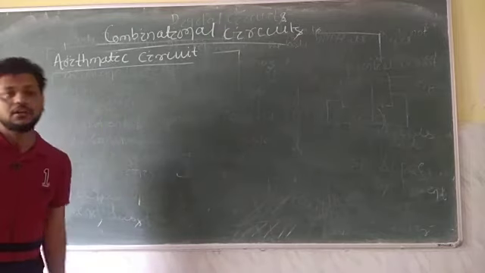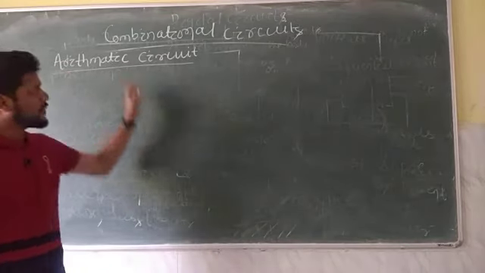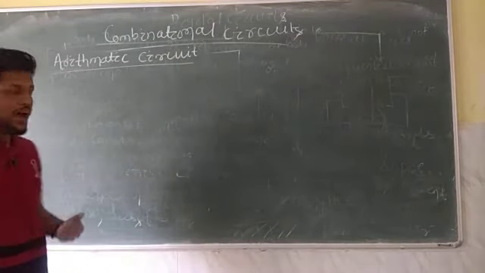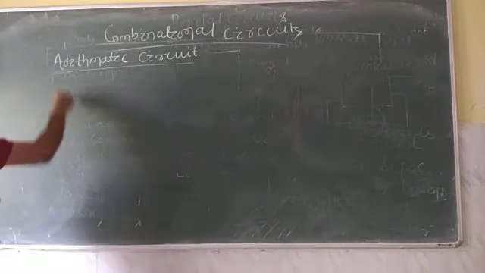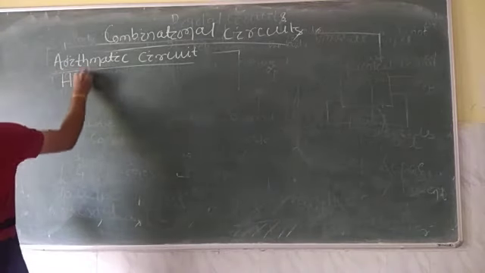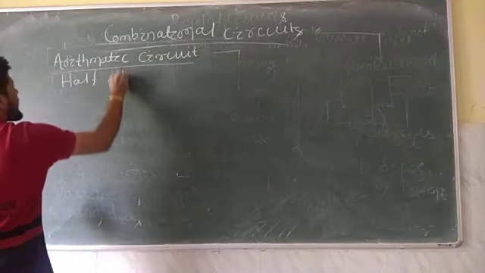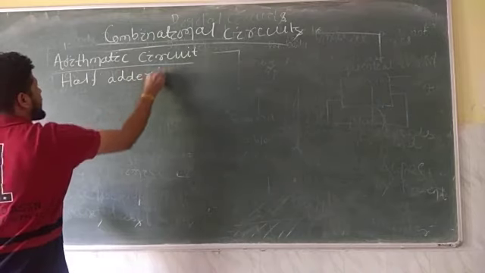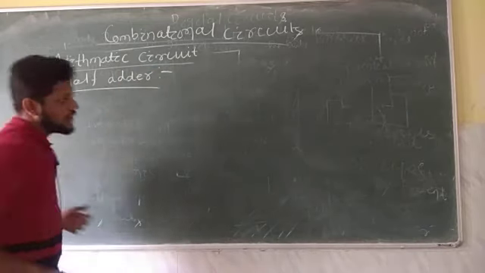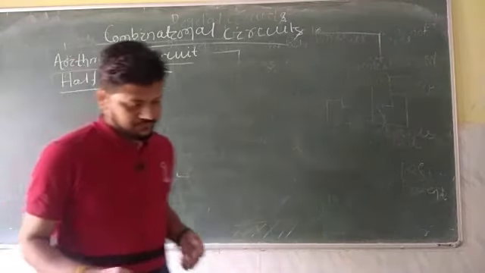These are known as arithmetic circuits. Now we will see how to implement them. The first circuit is the half adder.